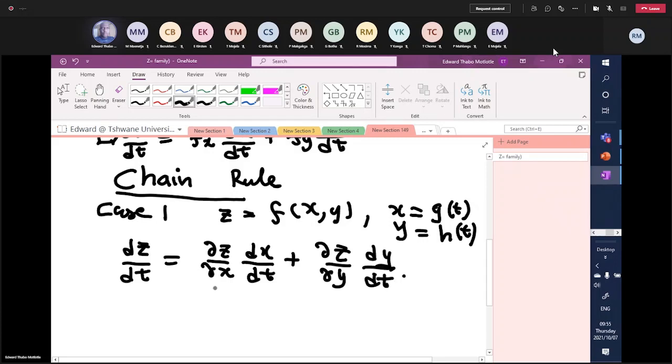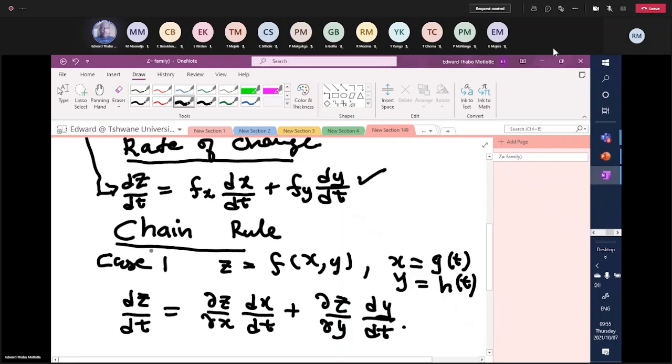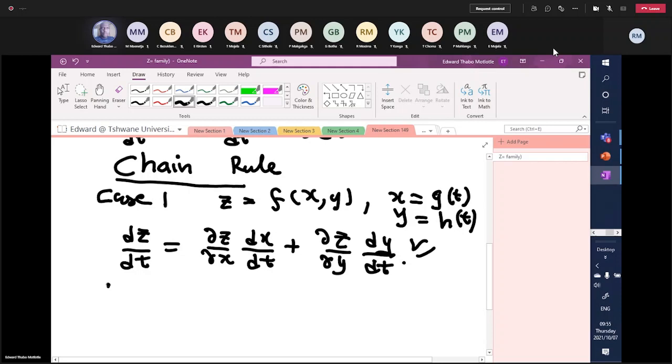So this is case number 1. That's why I usually say that the rate of change and the chain rule are basically related. This is the same equation. But the chain rule has many cases. This year we'll focus on only 2 cases.